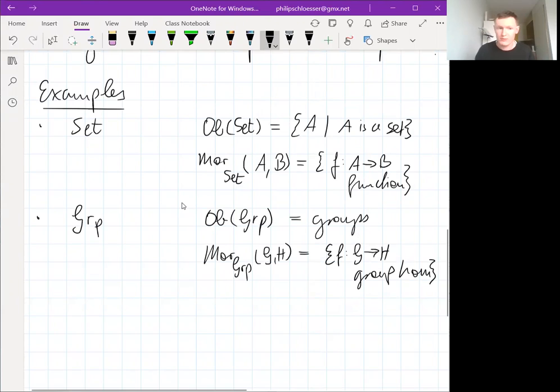And the composition of two group homomorphisms is again a group homomorphism, so that really defines a category for us.